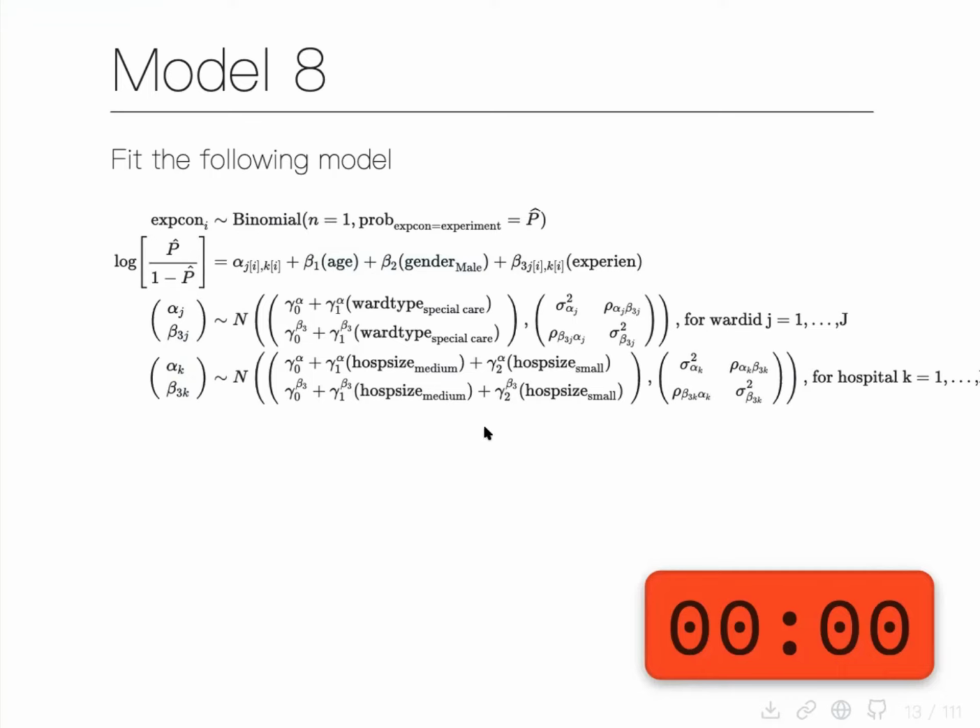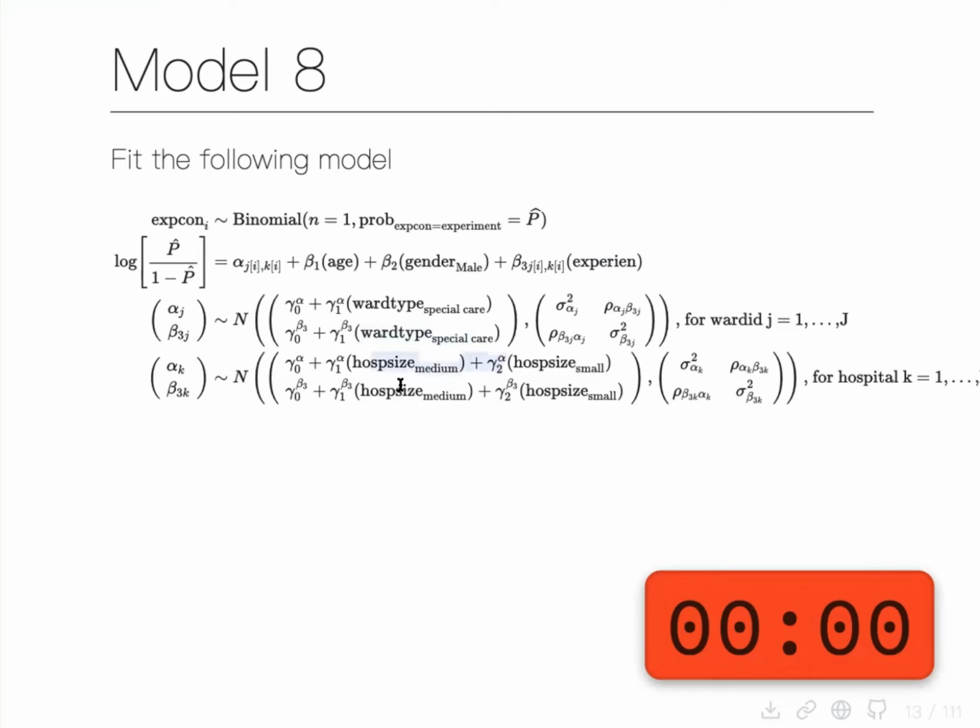So the first thing, like I said before, I would go ahead and add all the fixed effects. So I'd add age, gender, experience, ward type, and hospital size. But for ward type, this is an interaction with beta 3, which is what that is when we have a predictor of the beta 3 slope. So we have ward type times experience, and same thing with hospital size.